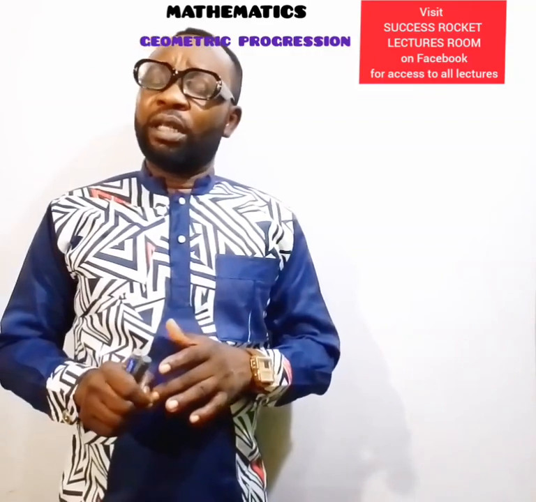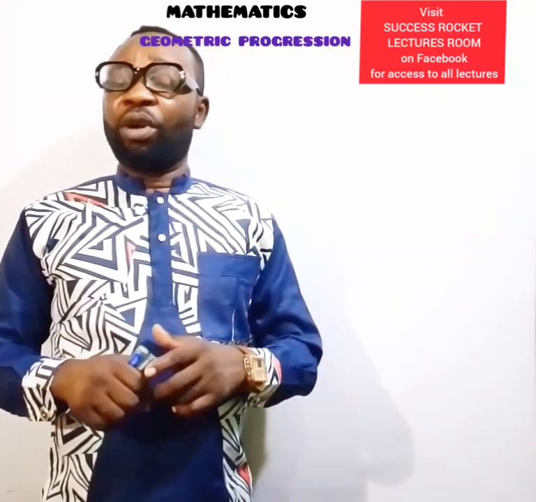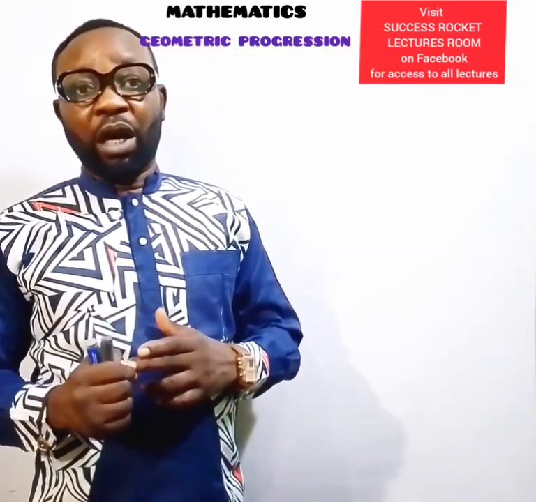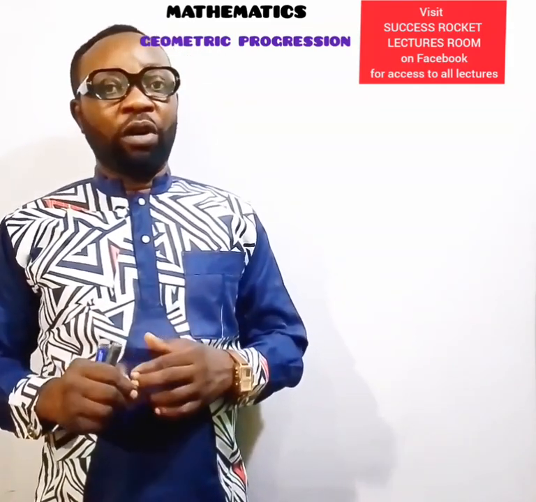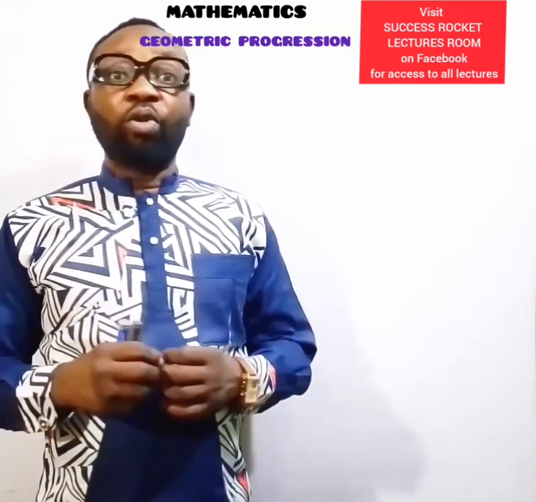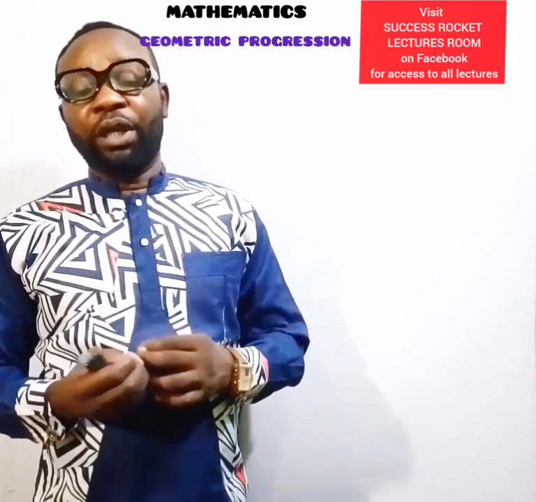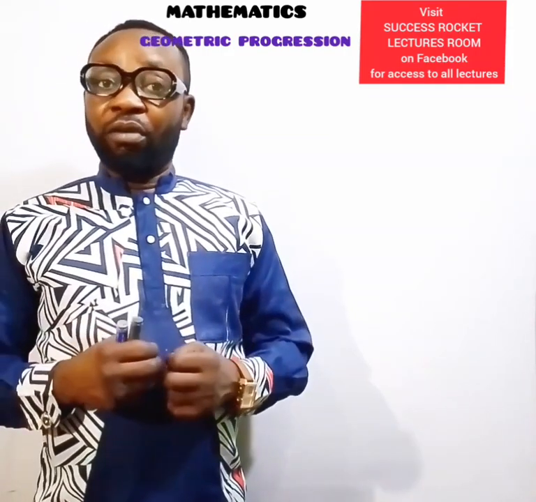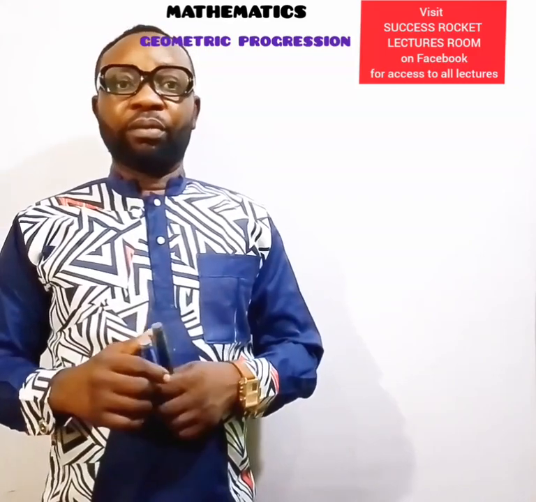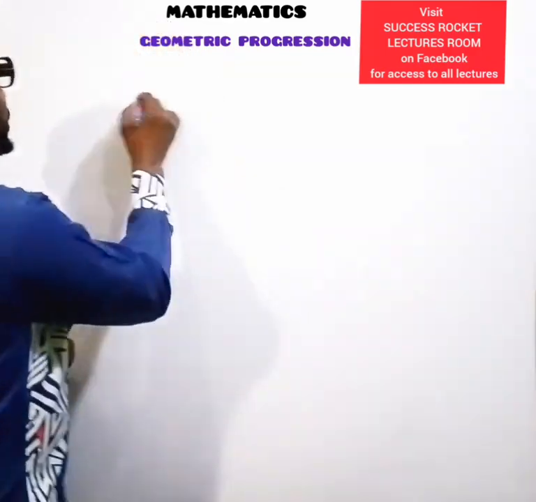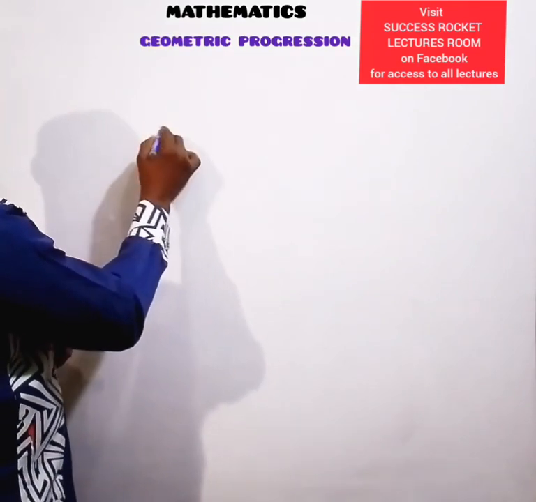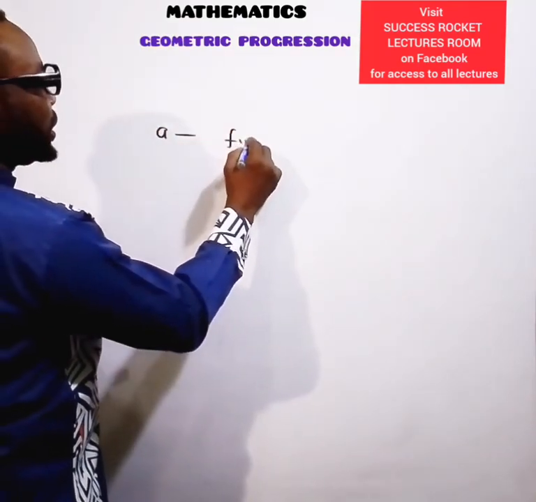Now, in arithmetic progression, we have what we normally refer to as the first term among the elements of arithmetic progression. So also we have the elements of geometric progression. Elements of geometric progression are as follows. We have A, which is called the first term.